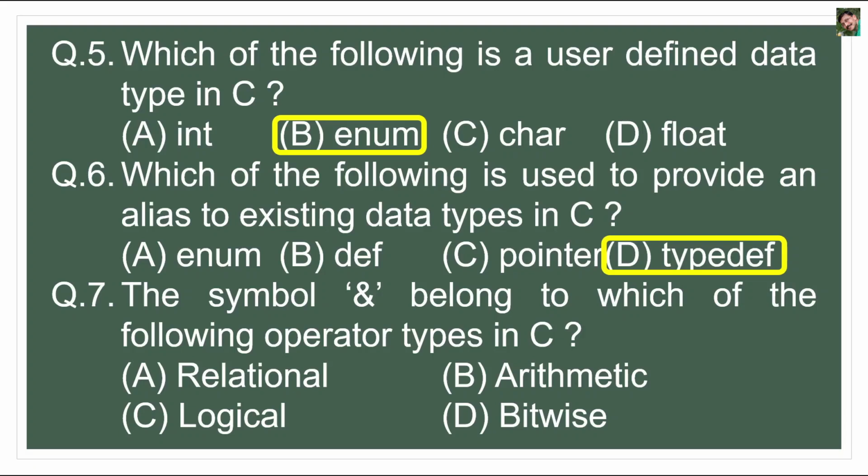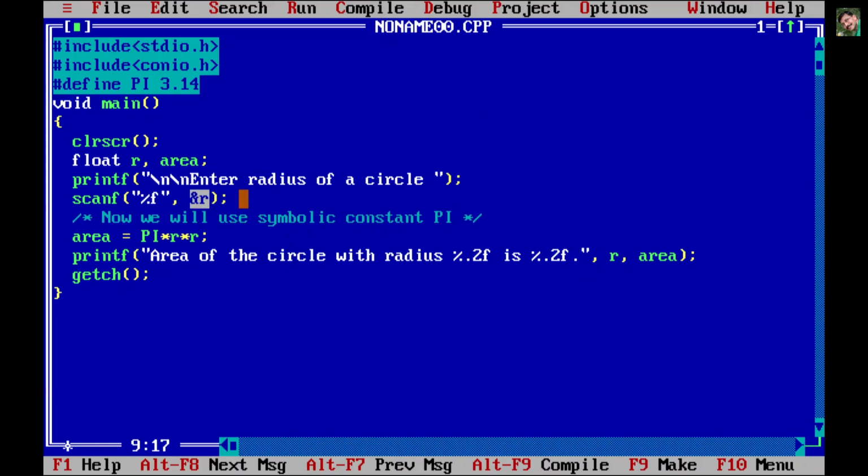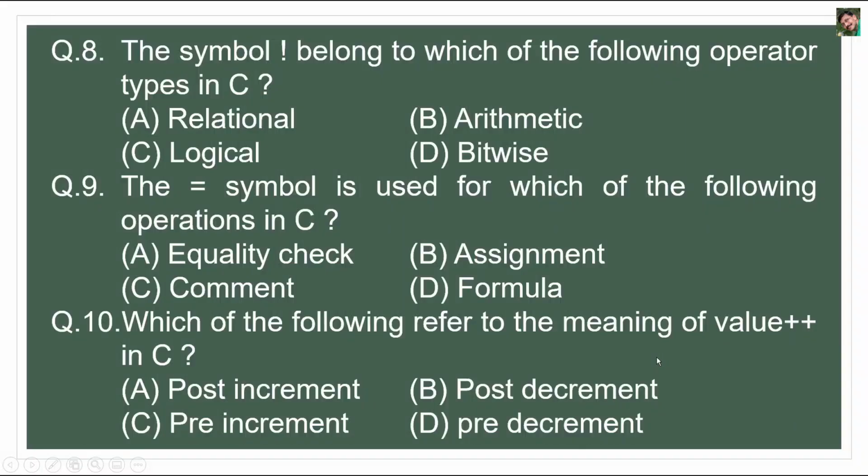And sign is representing bitwise operator. So AND sign is for bitwise operator, and that is why in our program we write this AND sign before the variable name. That will refer to the memory location where variable R is stored in your computer's memory. Where R is stored is defined by the AND sign, that is the bitwise operator.